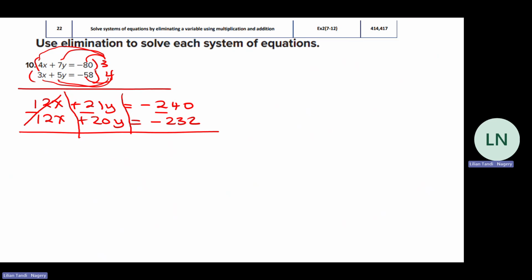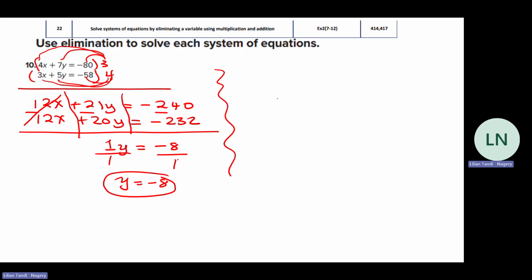This 21 minus 20 is 1y. In math, we don't write 1 if it's the coefficient. Don't write it. So negative 240 minus negative 232. That should give us negative 8. Then you divide by 1. Really? Divide by 1. Y equals to negative 8.